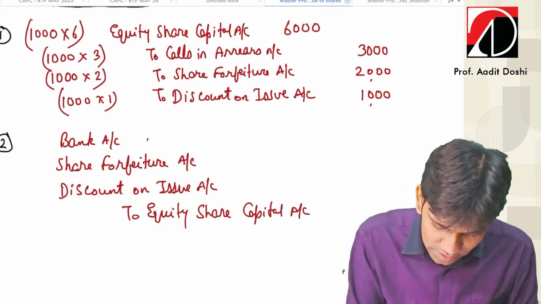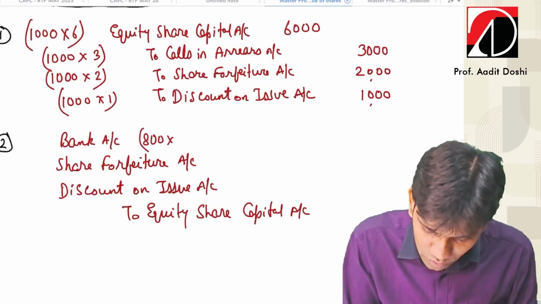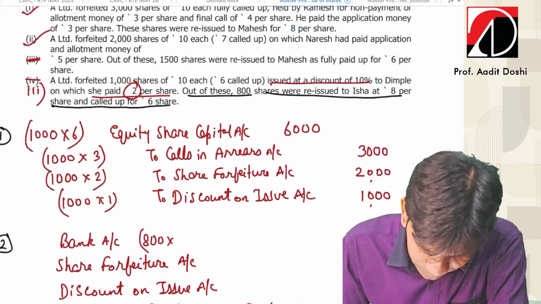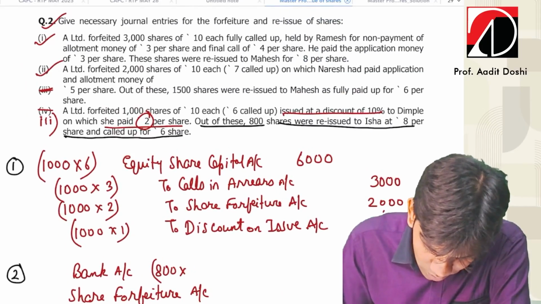नाउ कितने शेयर इश्यू किए? 800. कितने में रीइश्यू किए? 8 per share called up at 6%.